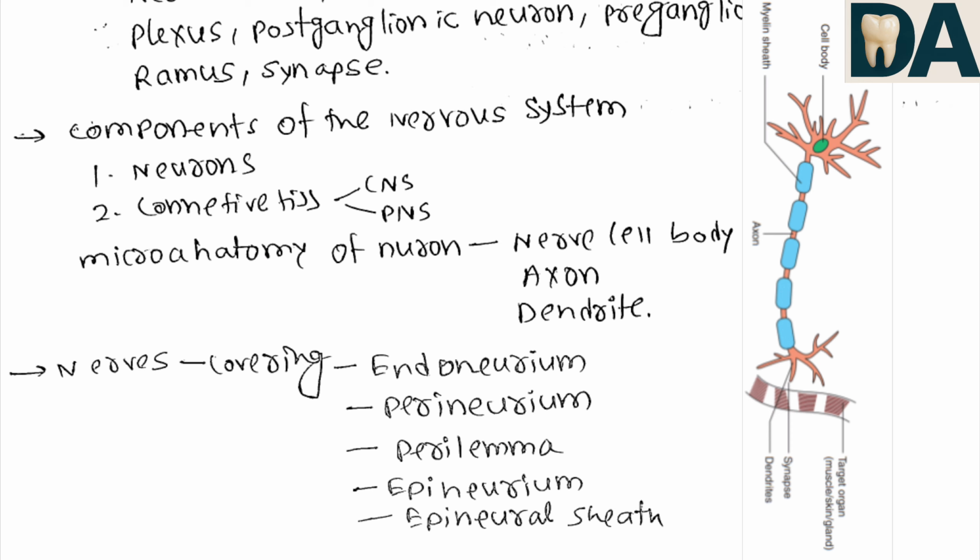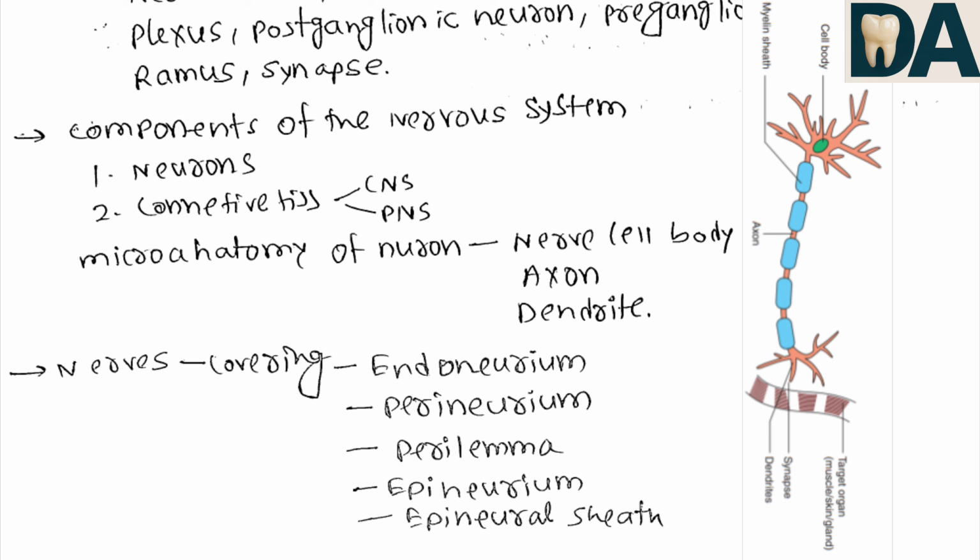Axon. Axon is a long, single, cylindrical, protoplasmic extension of a neuron which conducts electrical impulses away from the nerve cell body. Axons communicate with other cells at junctions called synapses.